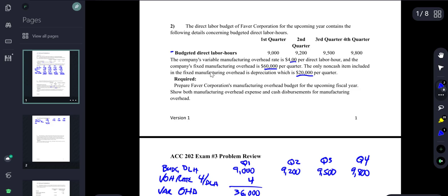And then in the second quarter, we multiply 9,200 by 4, we get 36,800. Third quarter, we multiply 9,500 by 4, we get 38,000. And then the fourth quarter, $4 times 9,800 hours gives us 39,200.